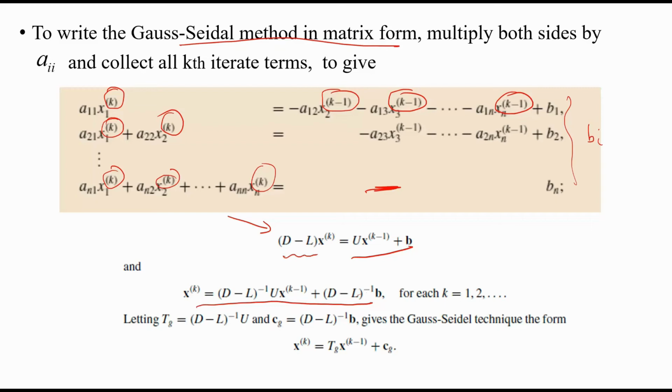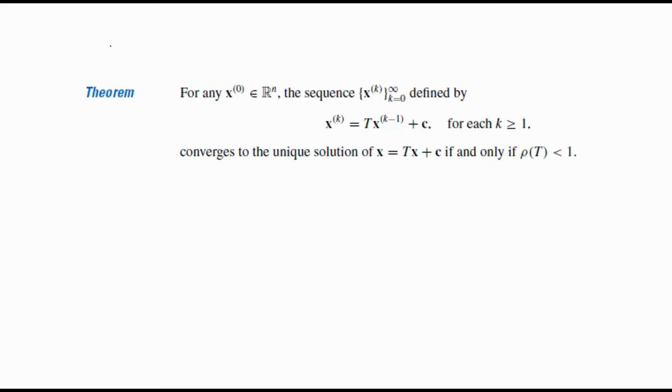Now you must be thinking whether the Jacobi method and Gauss-Seidel method converge for every choice of the initial condition or not. Like if you choose any initial condition, whether you will get the solution or not.